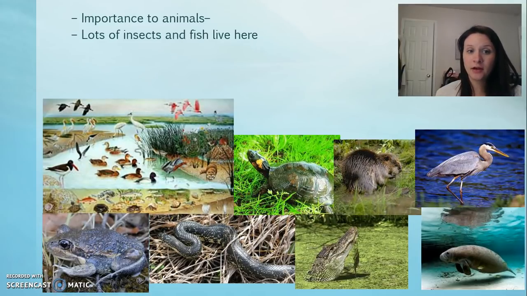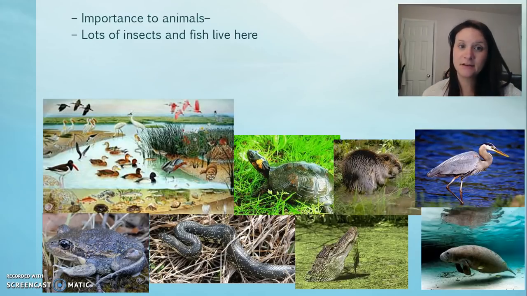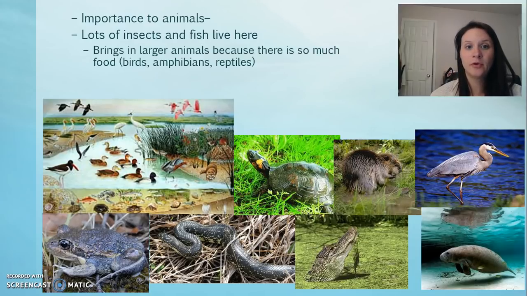In a wetland area, you see an abundant amount of insects and fish. And those will help create more of the larger type animals coming into the area for food so that they can eat the insects and the fish. So you get more larger animals like birds, amphibians, and reptiles.